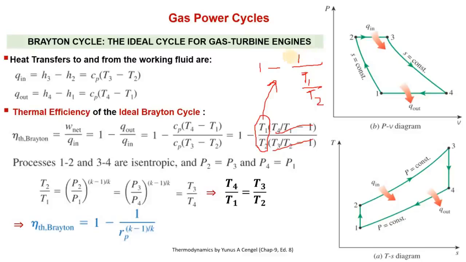So this term can be written like this mathematically, and this T1 by T2 can be replaced with this term. Right. So this will be equal to P2 by P1. And this P2 by P1 is the pressure ratio, and that is represented by Rp. Right.